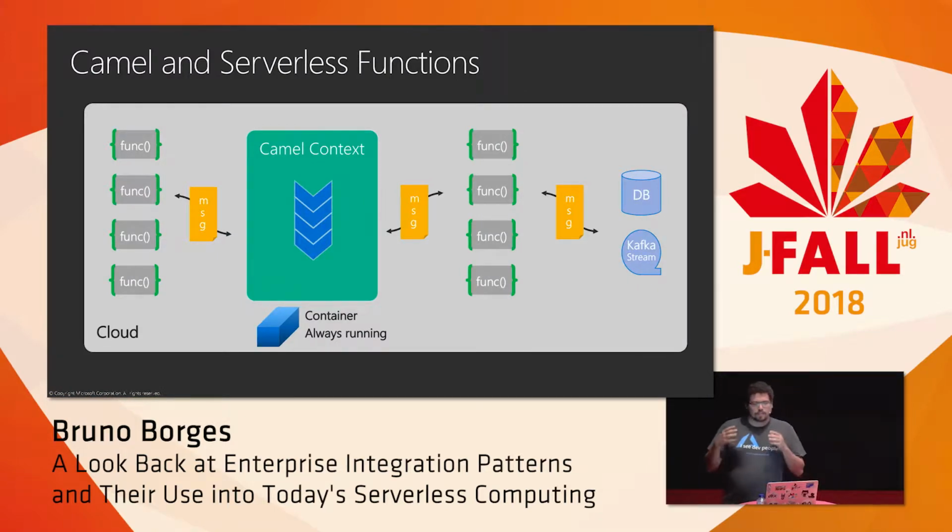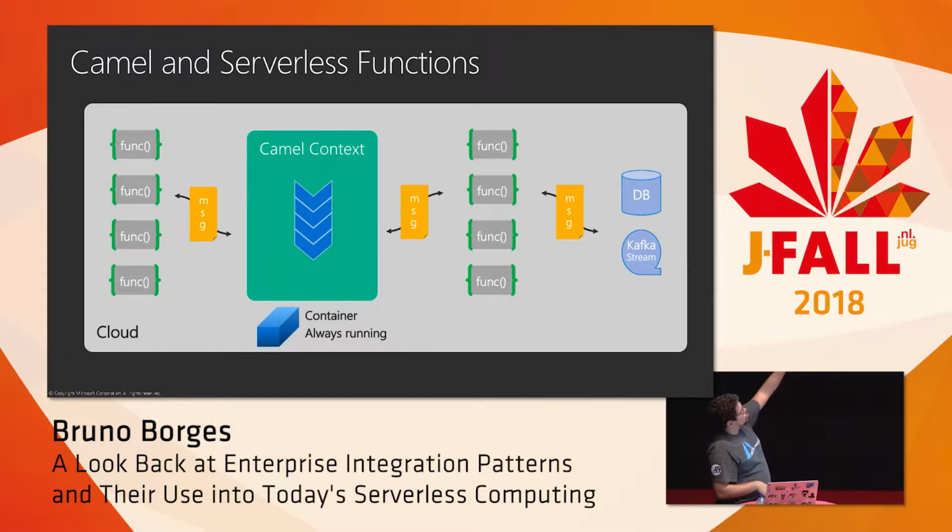So imagine a Camel application compiled and put inside a Docker image. And then you run that Docker image in some container platform. Your container has Camel, which is the Camel context, always running, and messages coming in, coming out.